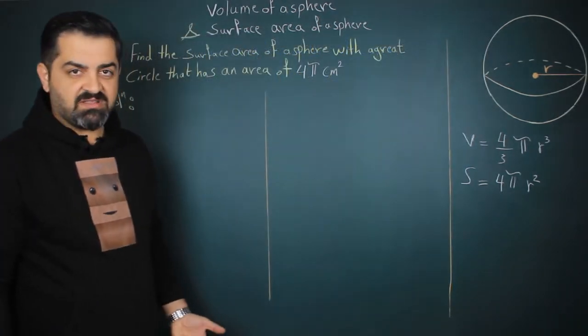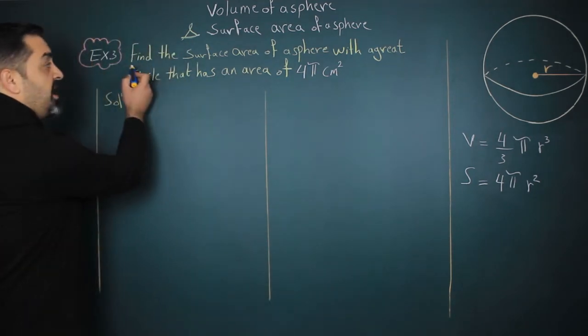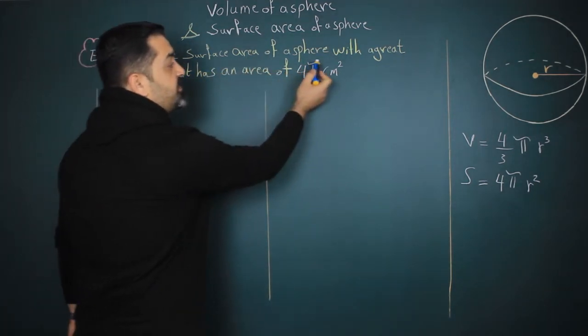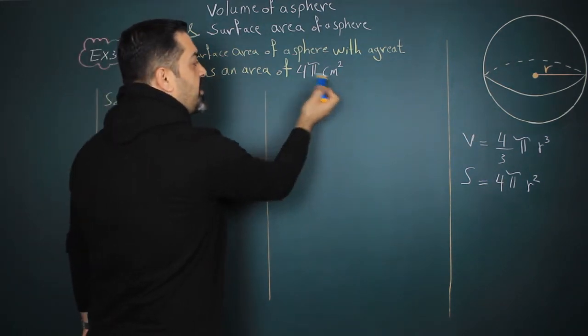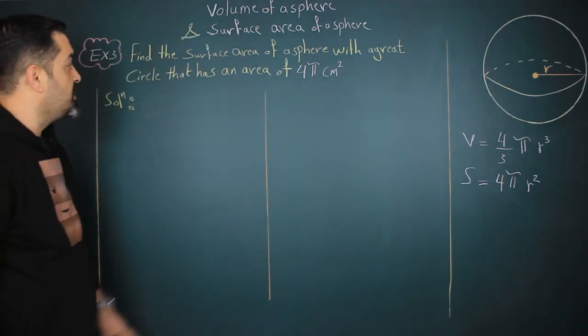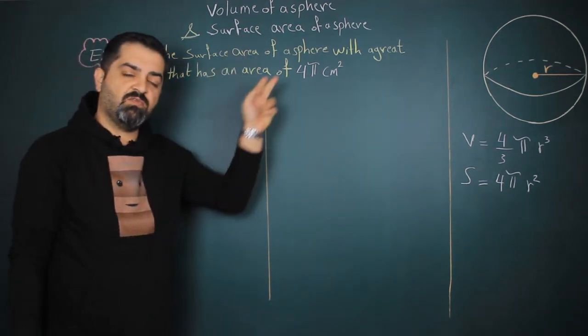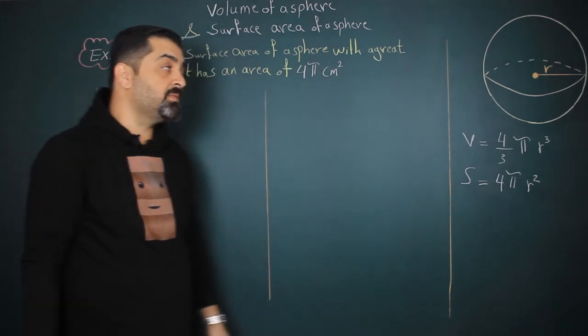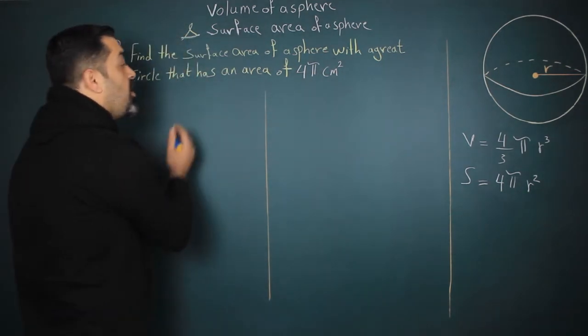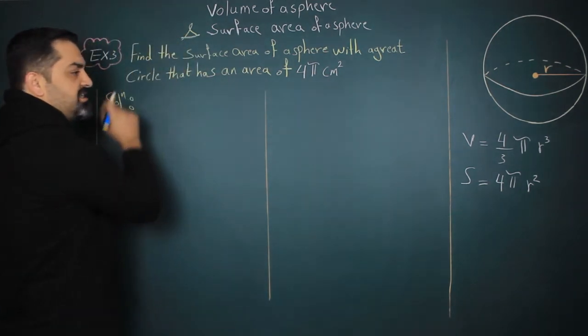Example number 3 says, find the surface area of a sphere with a great circle that has an area of 4 pi centimeters squared. To find the surface area of a sphere, we need the radius. So let's begin by writing the formula of area of a circle.